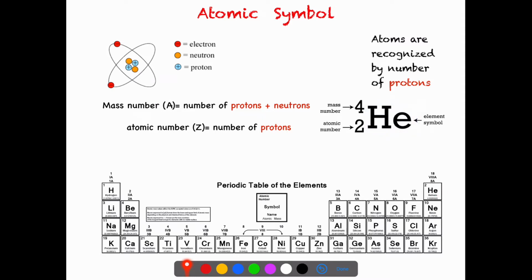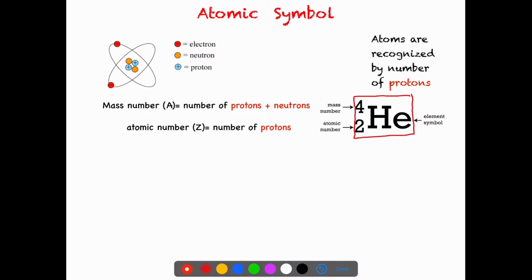So this is your atomic symbol, and it gives you information about how many electrons, protons, and neutrons are there. We already said it contains 2 protons because the atomic number, which is number of protons, is 2. Now, what about the neutrons? How many neutrons do you have here? Can you predict that just looking at the atomic symbol?